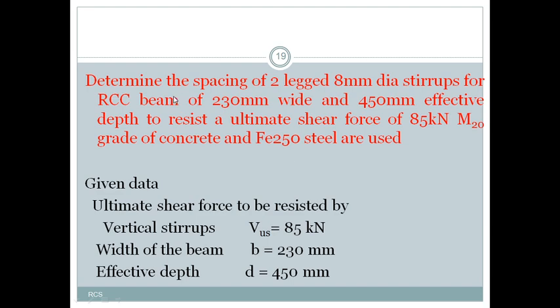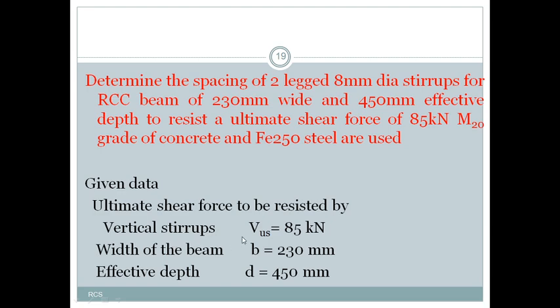We need to find what spacing will resist this shear force in the beam when using M20 grade and Fe250 steel, and the beam dimensions are 230 mm by 450 mm effective depth. So according to this problem, we have to write the given data.